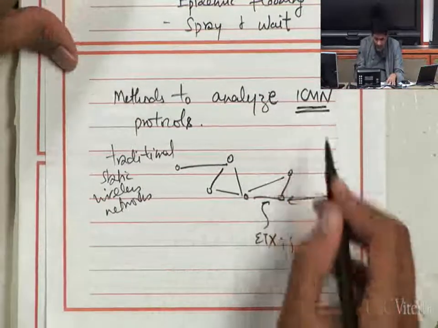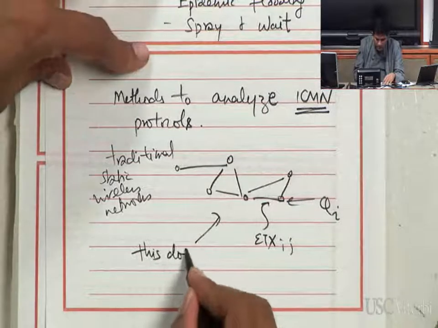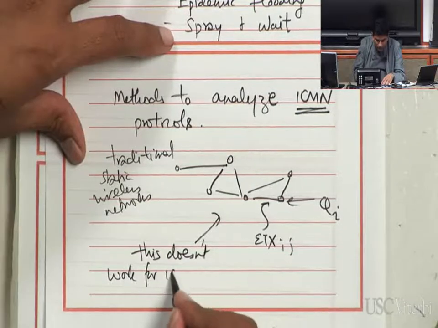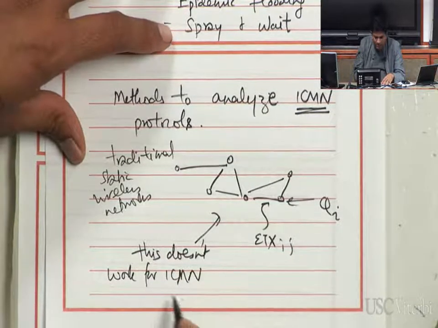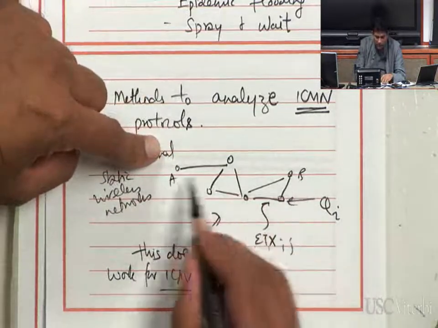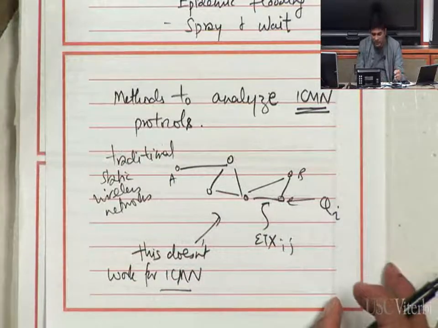But when we talk about ICMN, this doesn't work because there is no moment in time when the graph might be fully connected, and it's not like from node A to node B there's a path that you can directly see at that moment is the shortest ETX path. And somehow the way we're describing ICMN, it's not even clear that ETX is a useful metric.